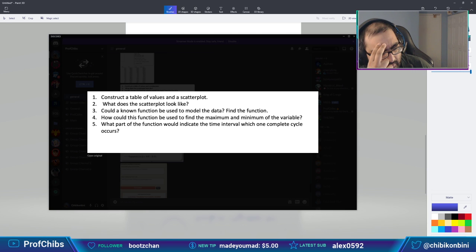Kind of blanking out right now. There was another way to find that off the top of my head. So I'd say I find the highest and lowest y value in the table. No, Aiken. How could this function find the maximum?